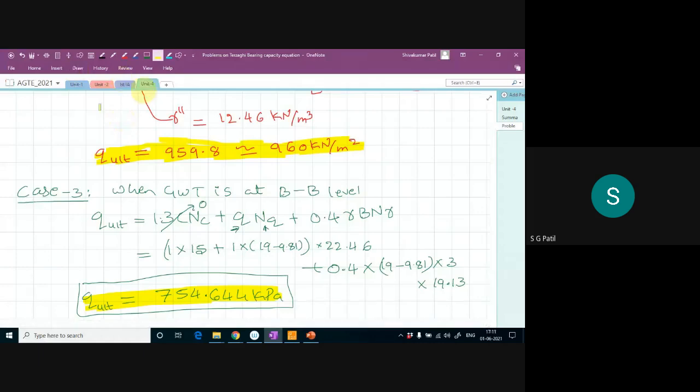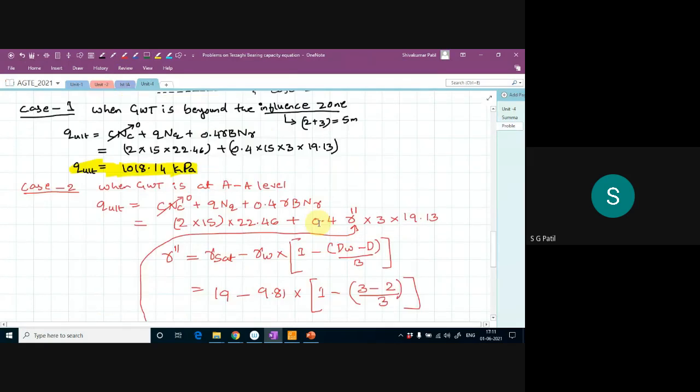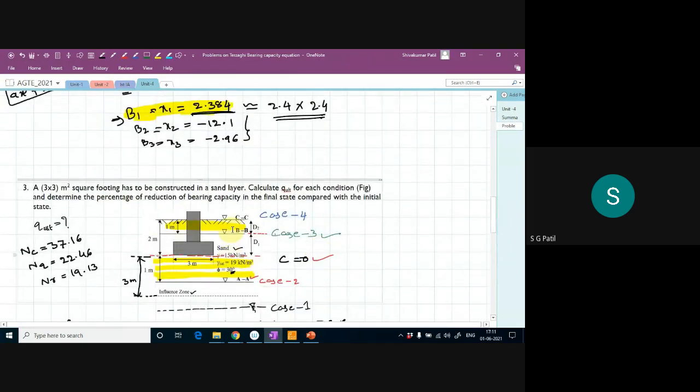Okay. Yes, sir. So now case number 4. Where is my case number 4? Case number 4 is at the CC level, that is at the ground level. So let me take the blue color. This thing I will discuss now.